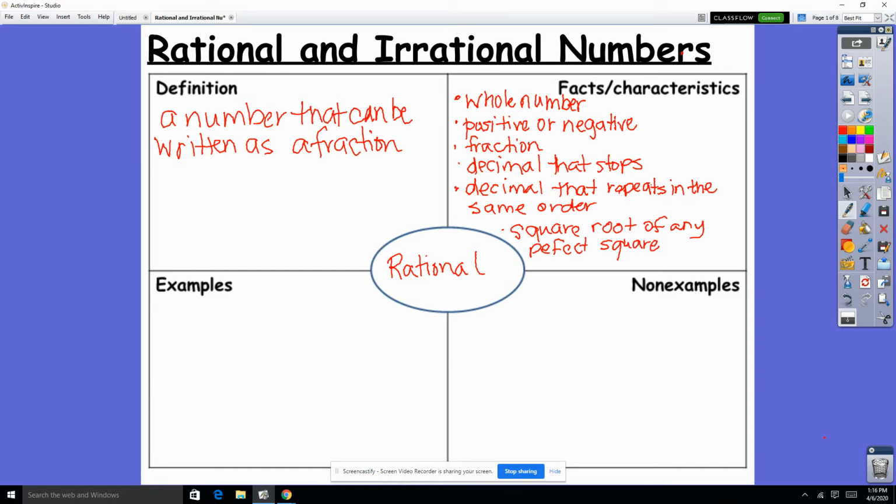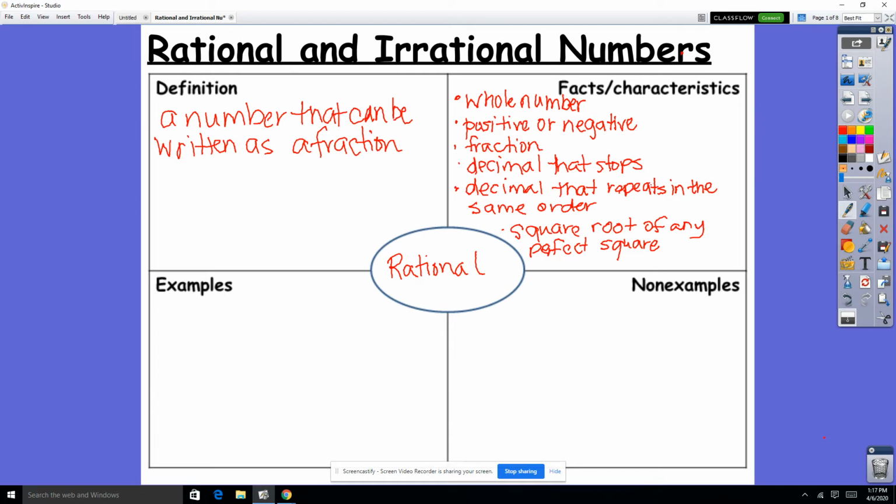So perfect squares are 1, 4, 9, 16, 25, 36, 49, etc. I will put a post on Google Classroom with all the perfect squares on it. You can also use a calculator to check if something's a perfect square. When you take the square root of it, it has to give you a whole number.